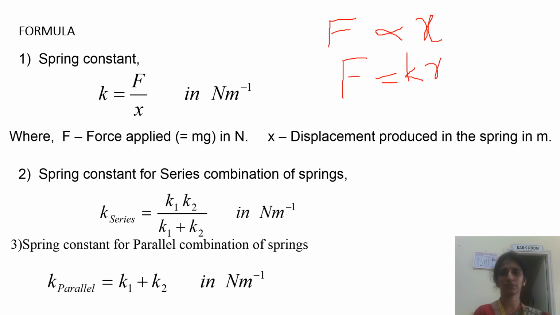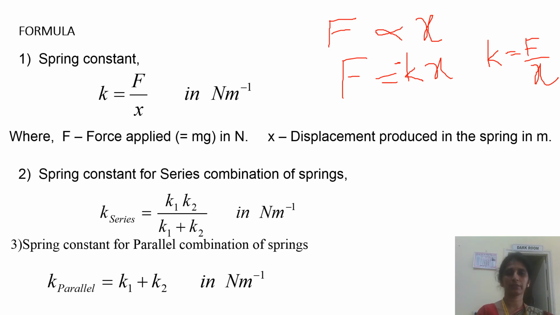Along with a negative sign I get this force, but here I am considering only magnitude. So I just write K is equal to F by X. If I know force and displacement, then I can calculate the spring constant. The ratio gives us the spring constant.